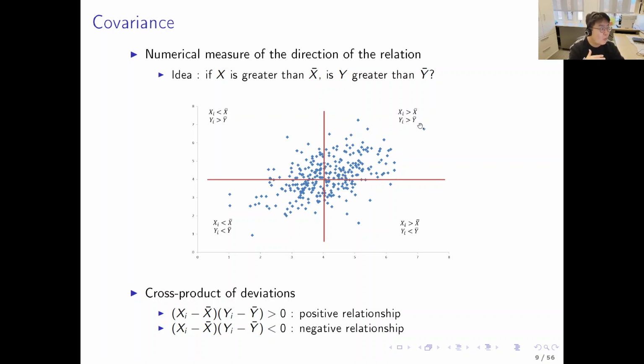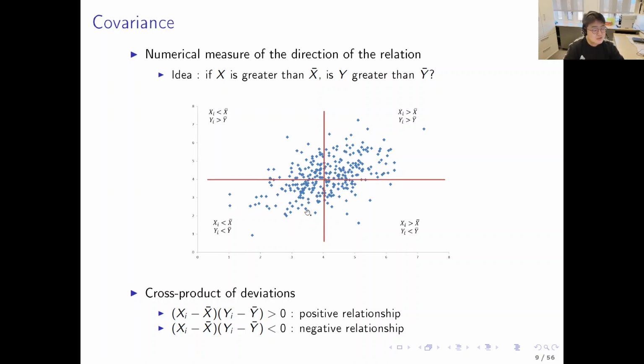At the same time, y also increased from its mean. Y is in the upper area of y bar. So y also increased from y bar, x also increased from x bar. So the first quadrant implies both x and y increase together. They move together.